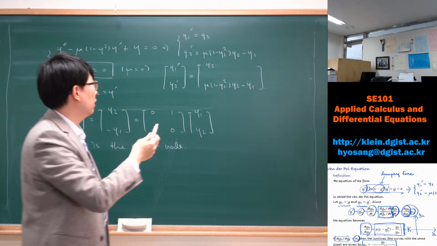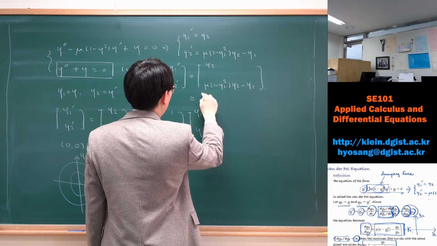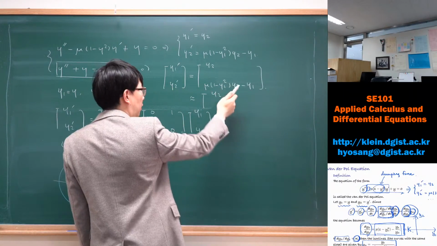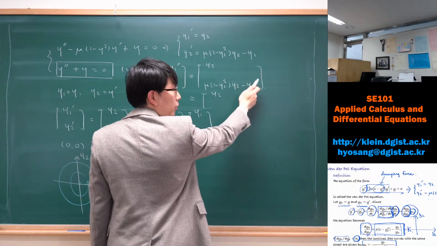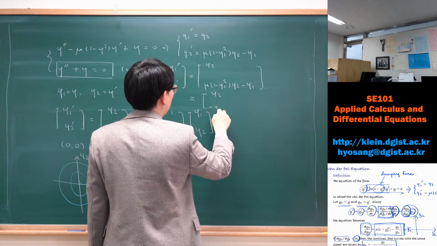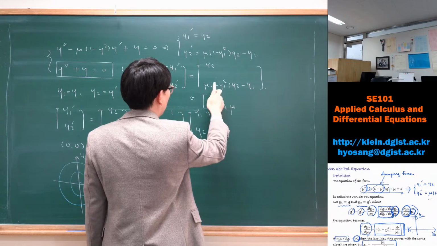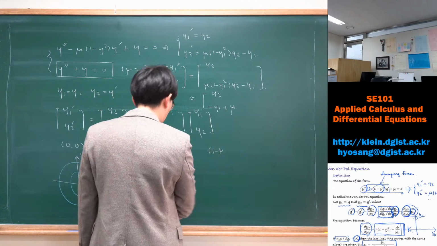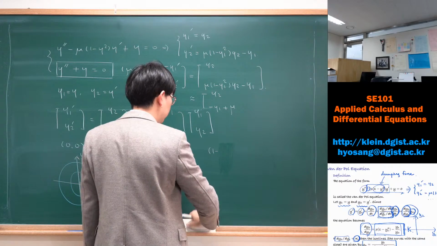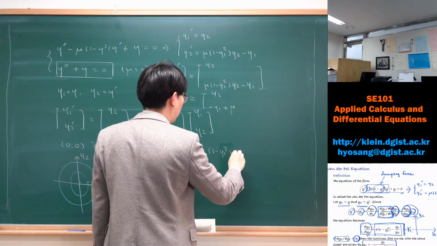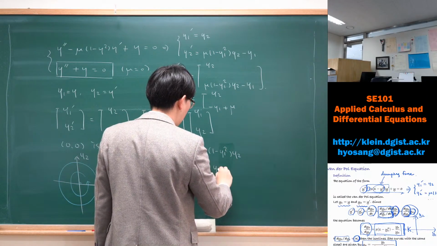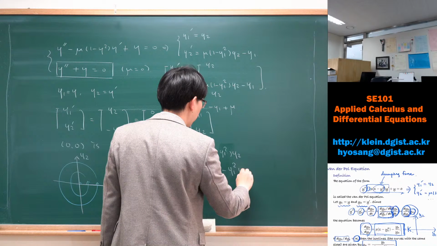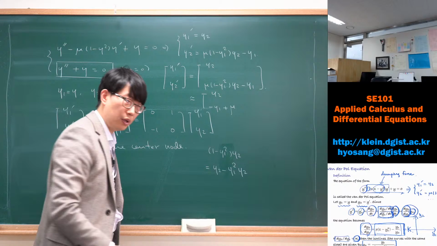Minus y1 is already linear, so it's minus y1. How about (1 minus y1 squared) y2? This is y2 minus y1 squared y2. It's a polynomial.